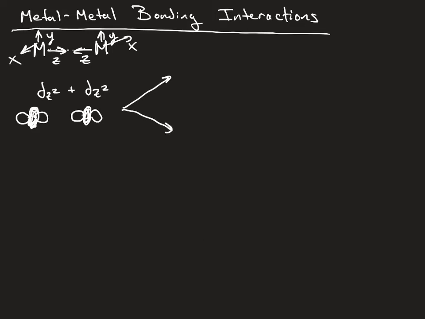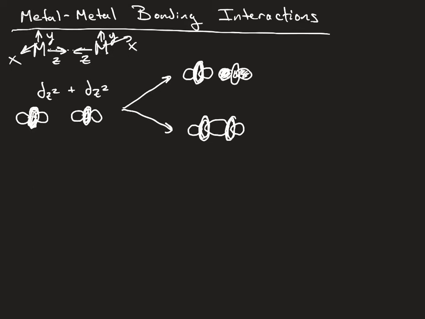The resulting bonding interaction gives you something that looks like that, while the antibonding interaction looks like that.